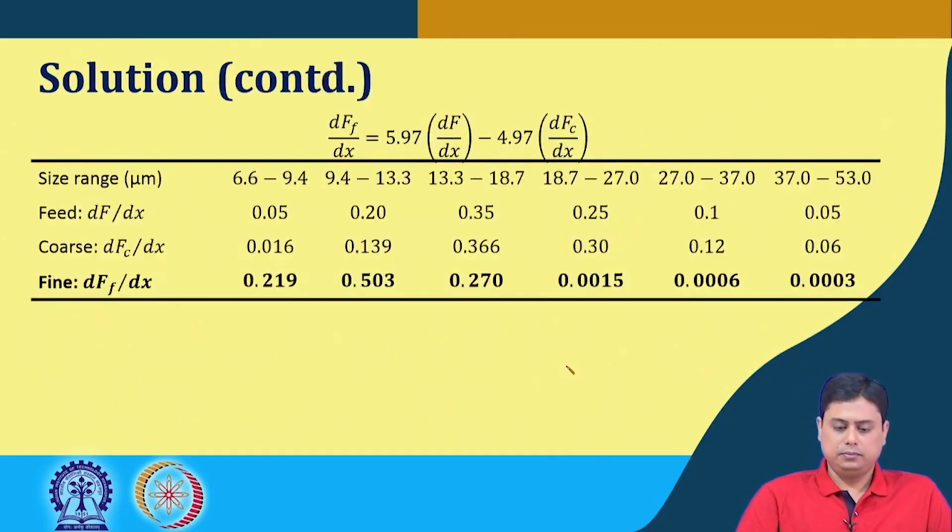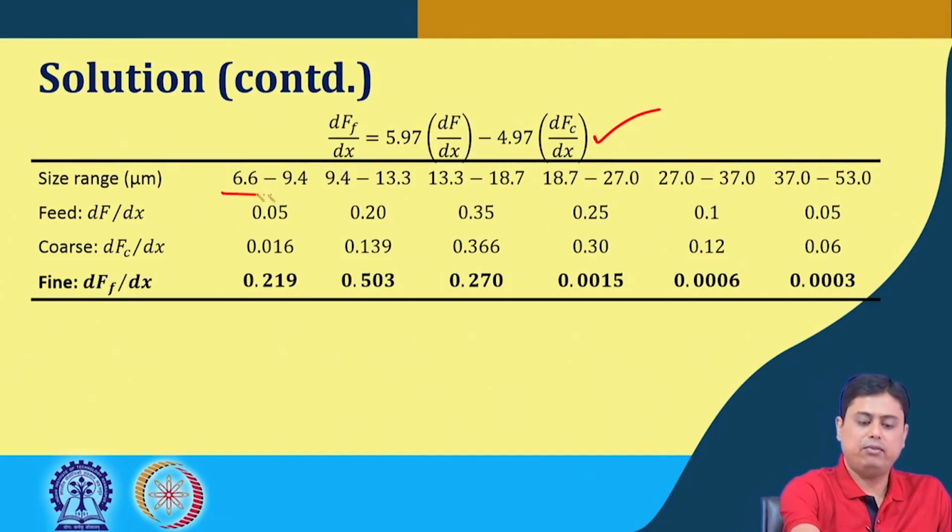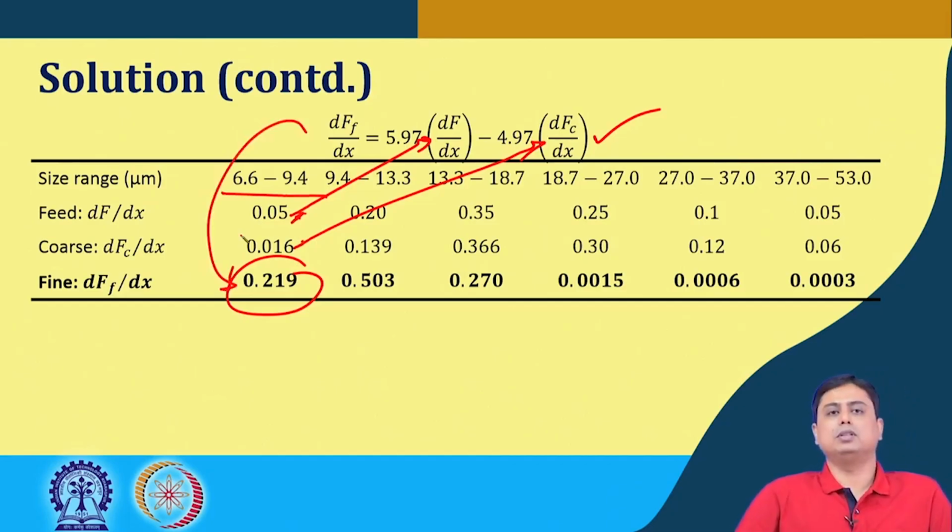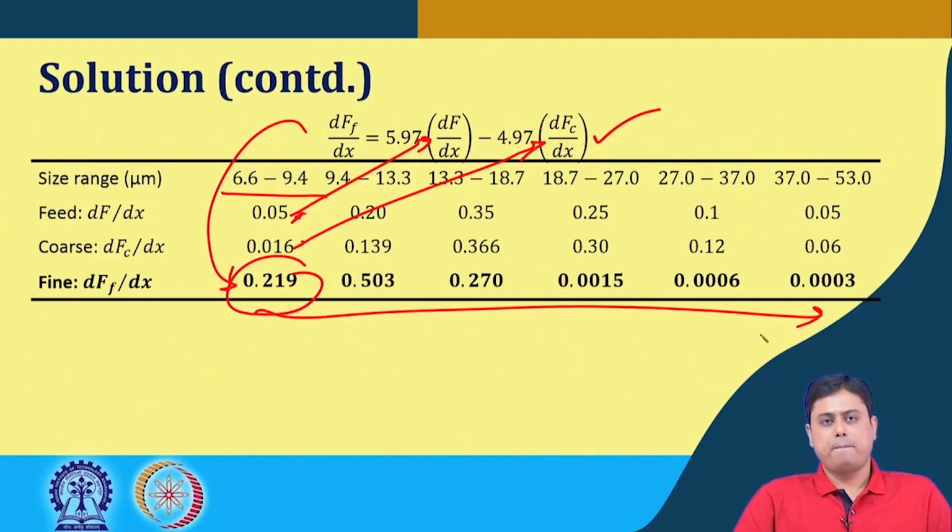Now we can find the fine particle distribution from the table itself, because for each and every size range we have the feed dF by dx and we have the coarse one. So we find the df_f by dx from this expression, and similarly for all the values. This is the finer product size distribution, or the finer particle size distribution.